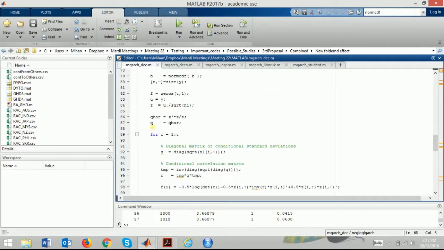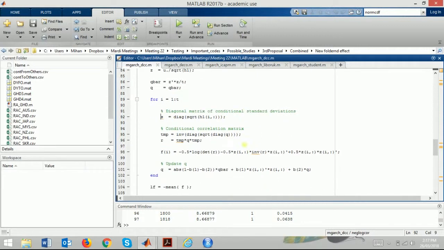And then q bar is ZZ transpose divided by T, and we know where q bar comes into the GARCH equation. We will use it in the GARCH equation. S is the diagonal of q inverse.